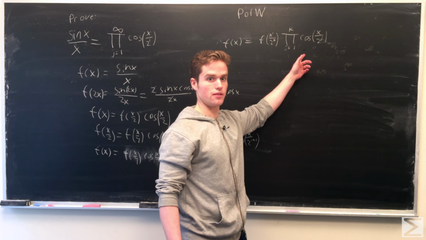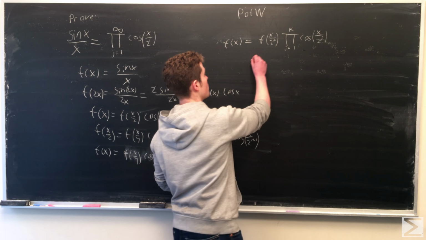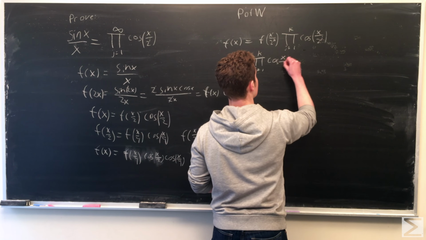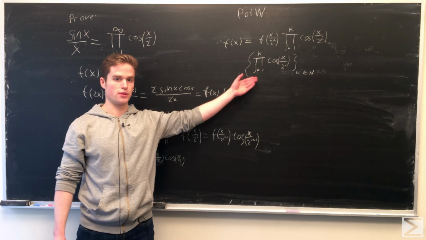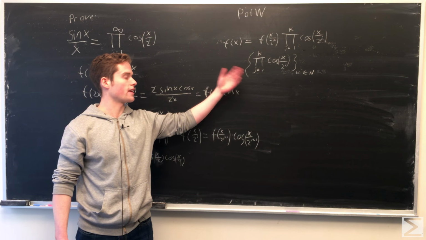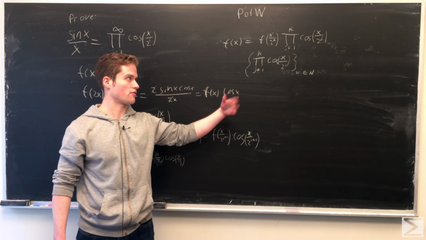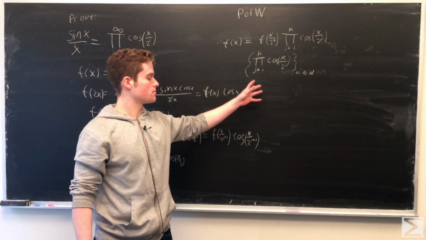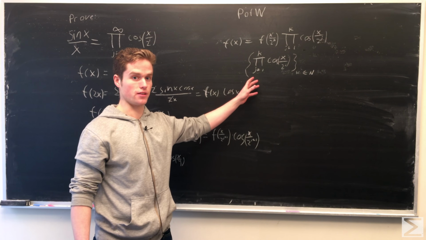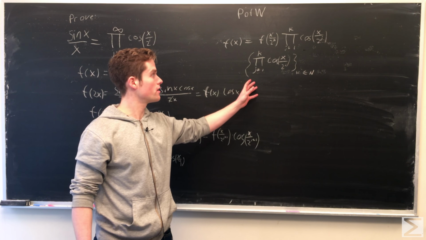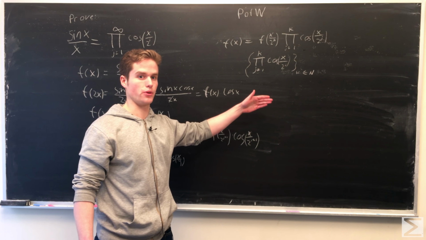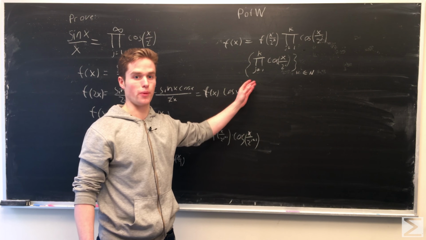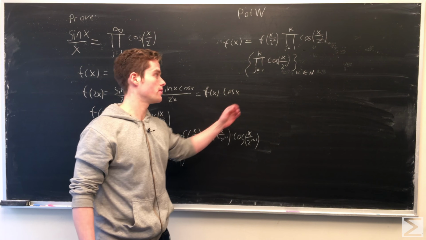This infinite product, let's consider the sequence for k equals 1, k equals 2, k equals 3, etc. Note that this product is bounded between 1 and negative 1 because each term in the product is bounded between 1 and negative 1. So this sequence is also bounded between 1 and negative 1.